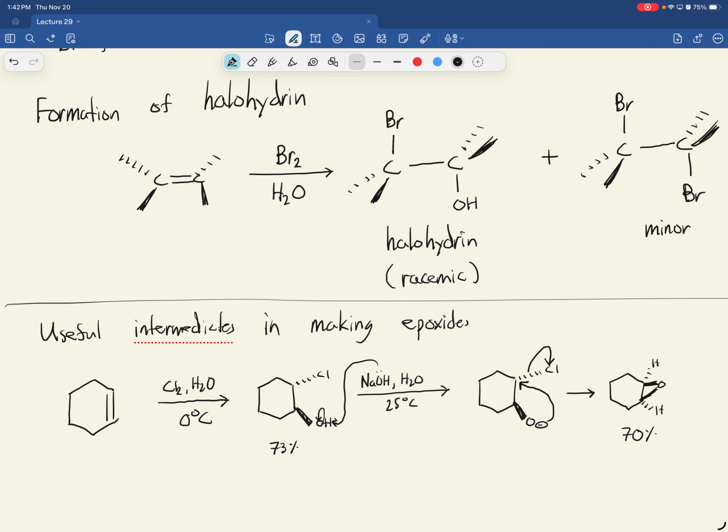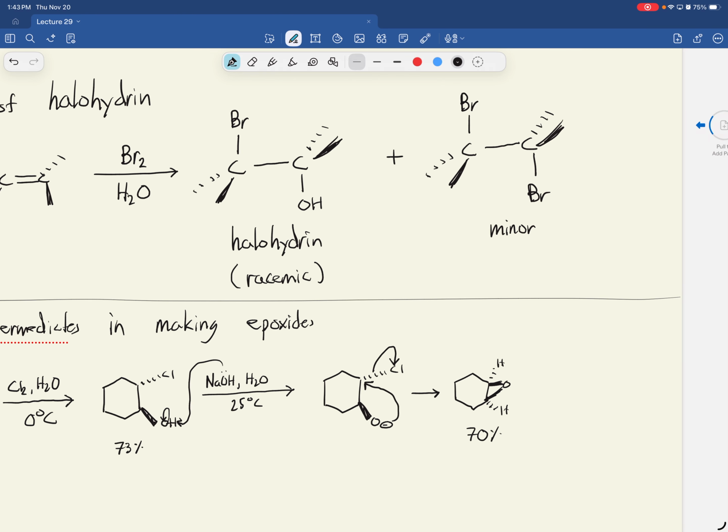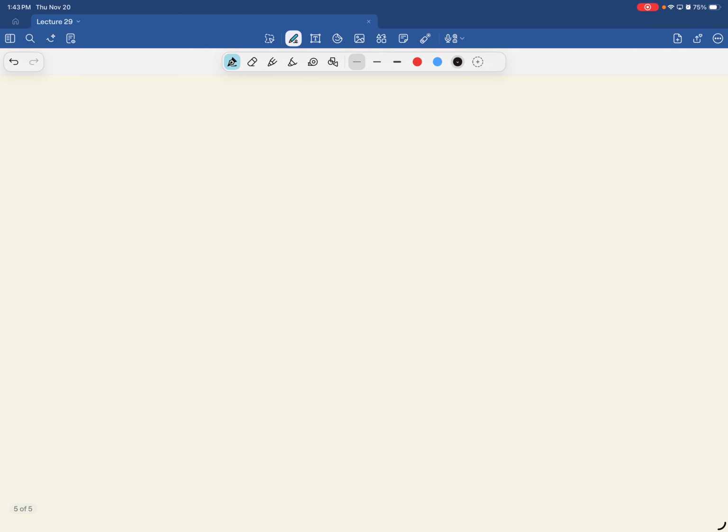So now there's an even better way to make epoxides. You don't have to start from the alcohol, the halohydrin. You can just make it directly from an alkene, okay? So let's look at that reaction next. So reaction number 8, epoxidation of alkenes. Okay, so let's go over here.